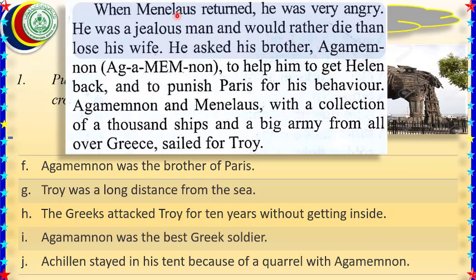Agamemnon was not the brother of Paris. In part F, it is written Agamemnon was the brother of Paris. Paris is the person who came from Troy. Menelaus is the Greek king of Greece, and Agamemnon is the brother of Menelaus, not of Paris. This means this statement is false.